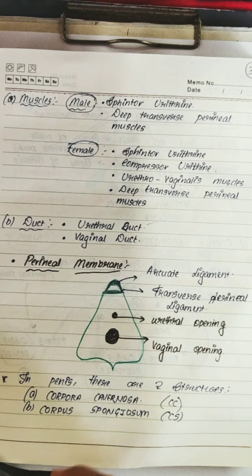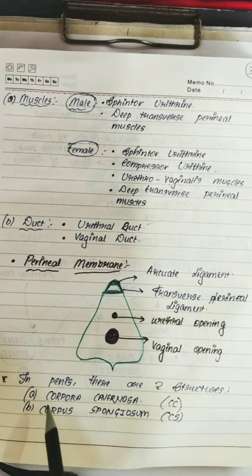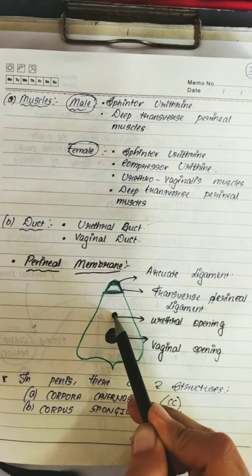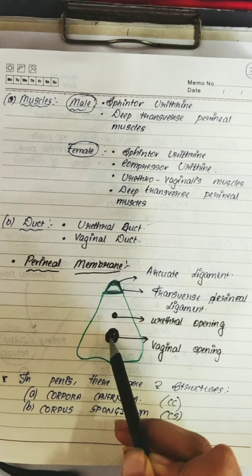Now we'll be studying about the contents of the perineal membrane. So this is the structure of the perineal membrane. As you can see, in the penis there are 2 important structures, that is corpus cavernosa as well as the corpus spongiosum. You can see this is the structure of the female. There is a urethral opening as well as a vaginal opening.